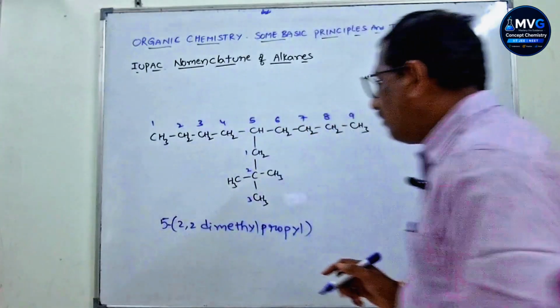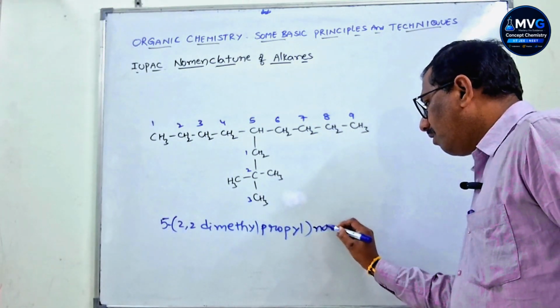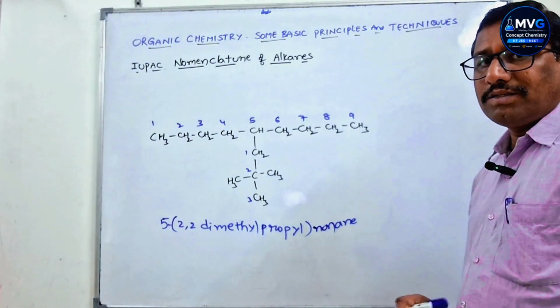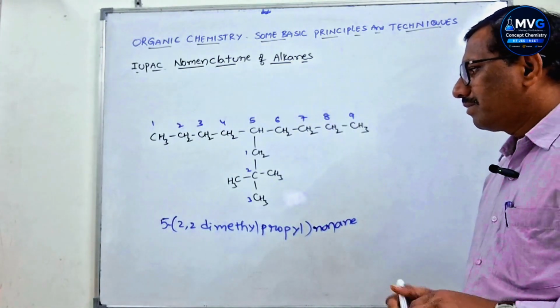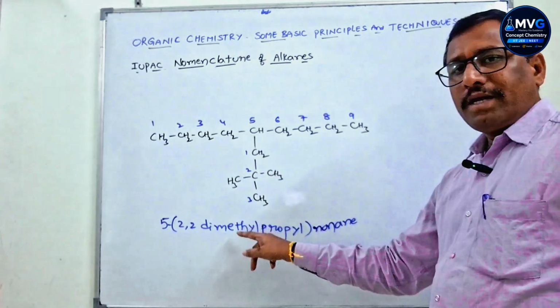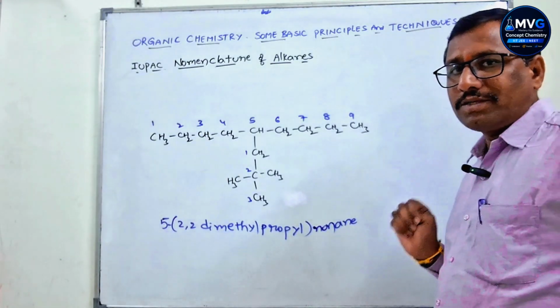Next, the root word, 9 carbons are there, nonane, primary suffix ane. Like this we can write the compound name, students. Complex ligand name in brackets, the remaining as it is, we write, students. Please note down.